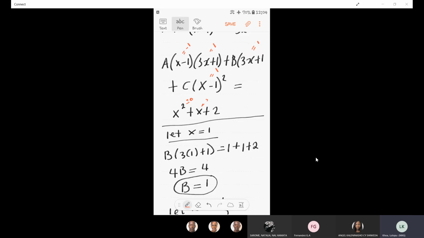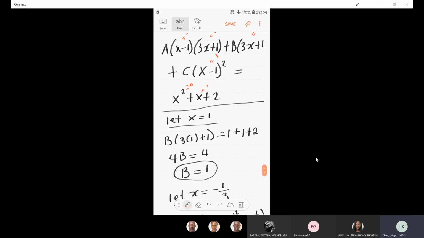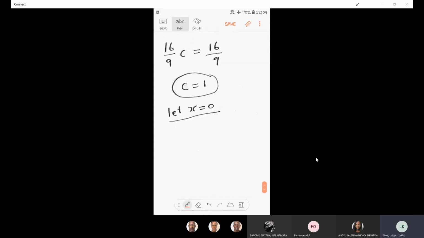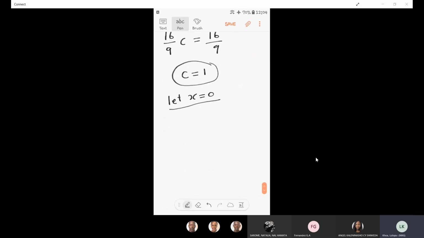Okay, let's scroll back. So write it here. So we have A, this is minus 1 times 1, plus B times 1, and then C times 1, which is just C. And then on the right hand side we said we will only be left with 2 because we have x squared is 0, x is 0.